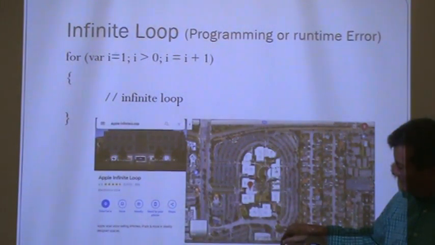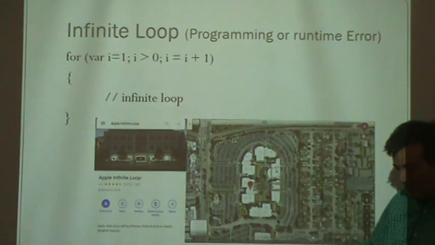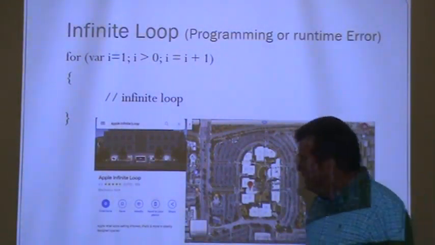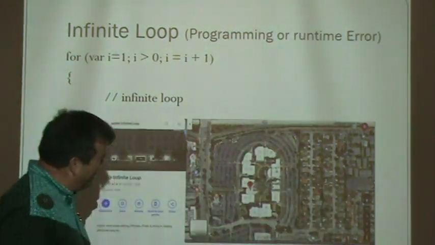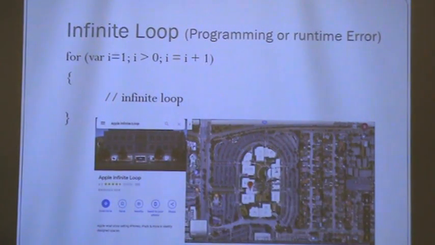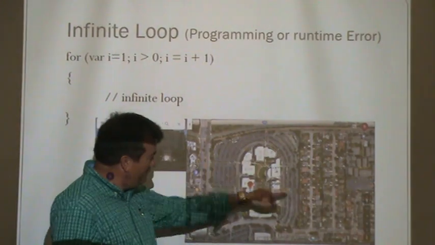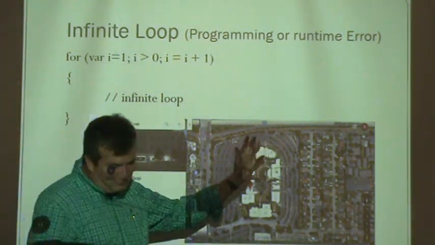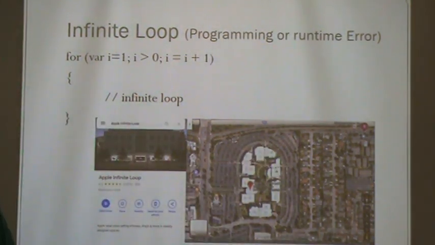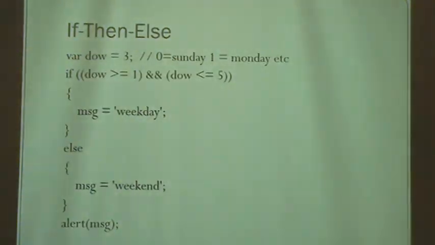So there's never a situation when an infinite loop is a good thing. So it's always a little strange when they name that. A lot of computer programmers say, why would you name a street around your headquarters after an error? That kind of jinxed the company, I guess. But anyway, they call the road Infinite Loop because if you got on the road and just kept driving, you could drive forever. Okay. All right.